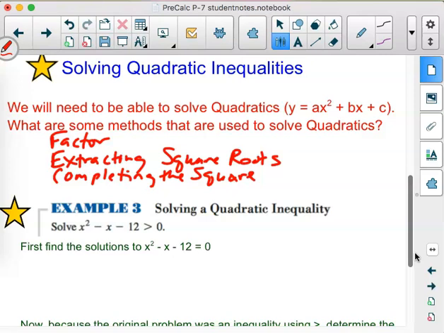And then only if the problem specifically says use the quadratic formula do we do that. That is a backup. Because remember, you have not seen the quadratic formula derived yet. That takes calculus. Completing the square, we know all the steps to that, and we know why it works. But quadratic formula, got to wait until calculus.